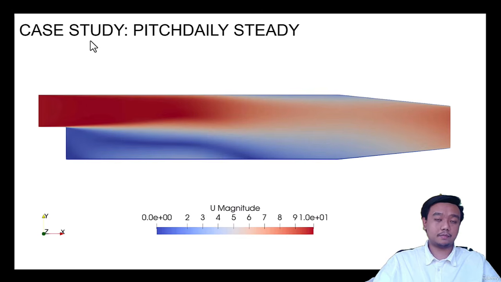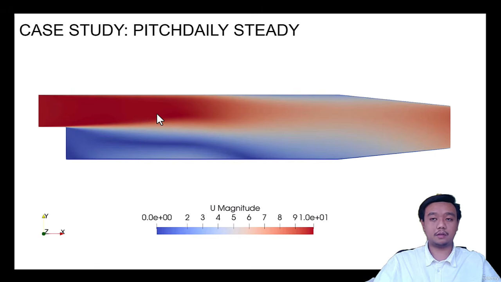So that's why I make this simple case, so you can understand the basic idea of the boundary conditions for the internal flow. So we will copy the pitzDaily study.